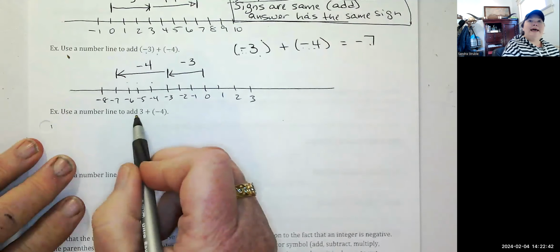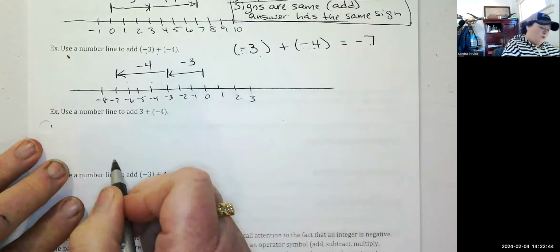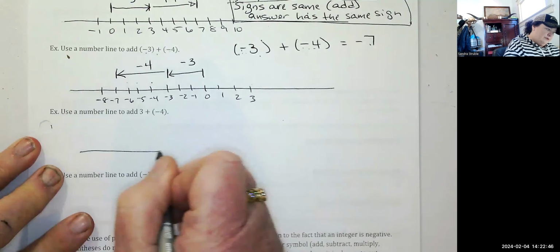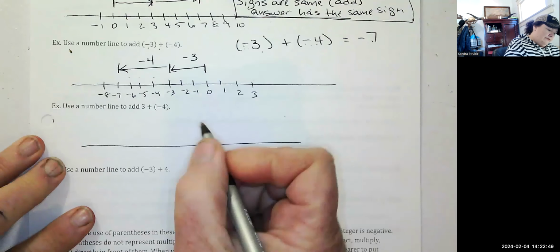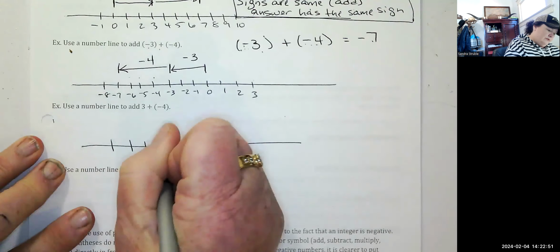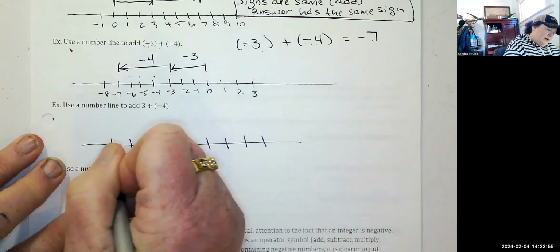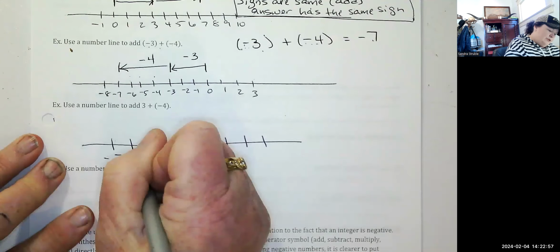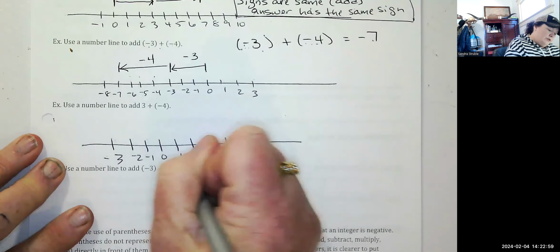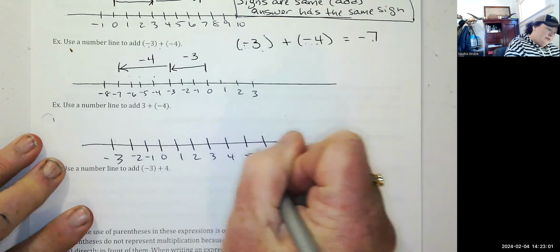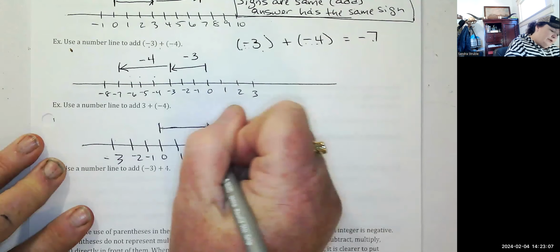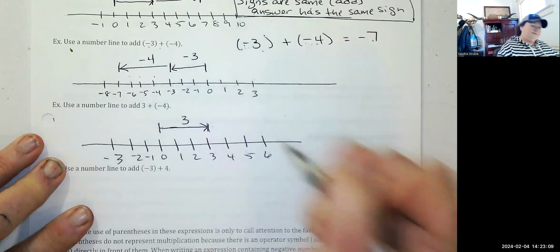Use a number line to add 3 plus -4. So I'm going to have a little bit bigger on this one. -3, -2, -1, 0, 1, 2, 3, 4, 5, 6. All right. So we've got +3. So from 0 to 3, there is 3.